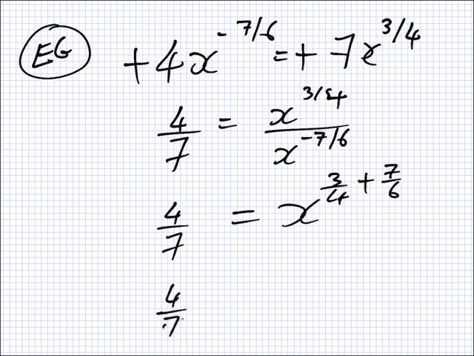So 4 over 7 equals x to the power, what's that, 23 over 12. Yeah, okay, great. What's the last step here?